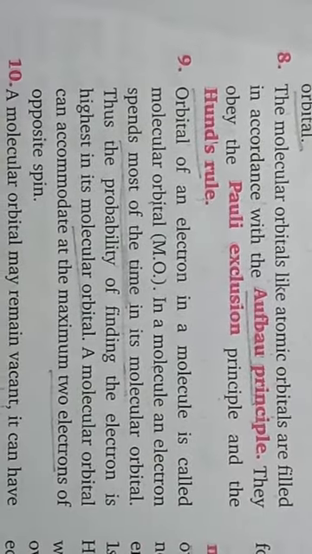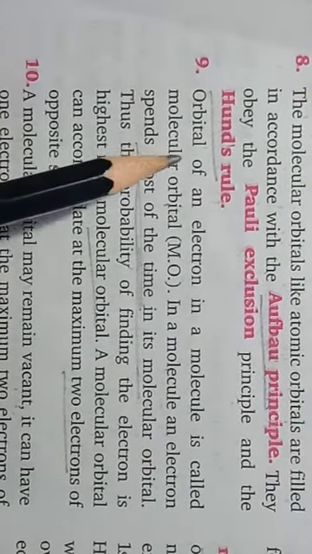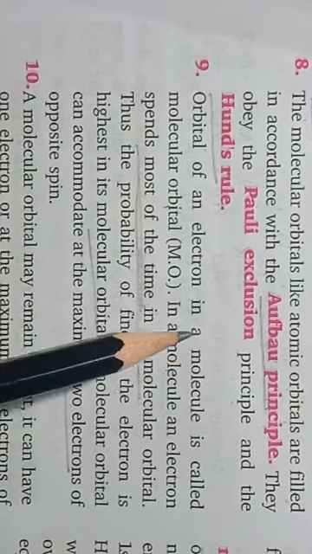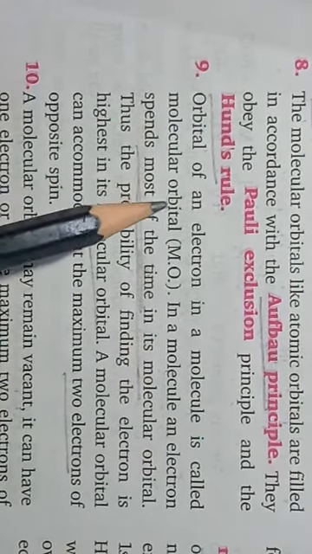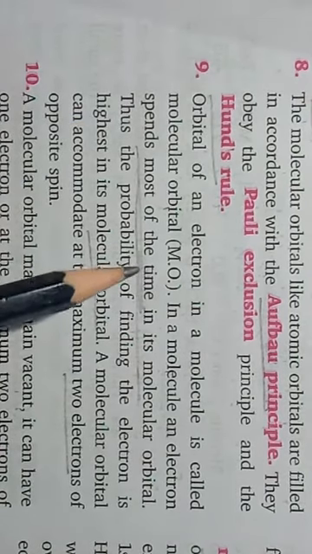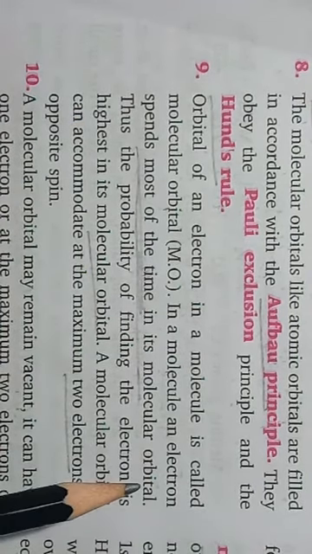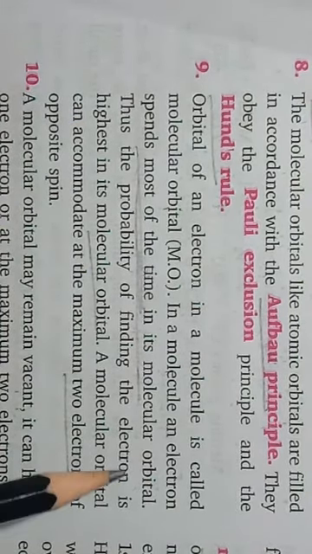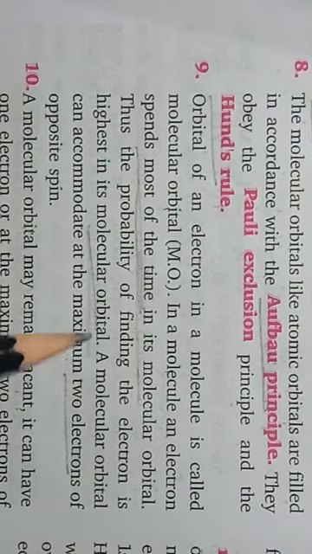The next is 9th point. The orbital of an electron in a molecule is called a molecular orbital. In a molecule, an electron spends most of the time in its molecular orbital, so the probability of finding the electron is highest in the molecular orbital.